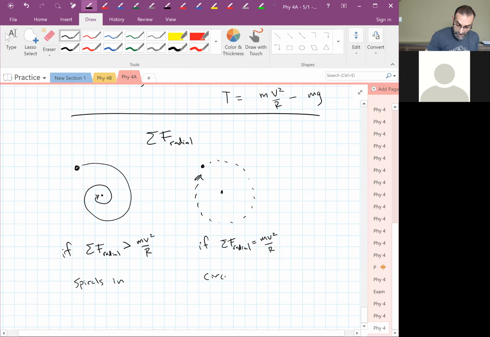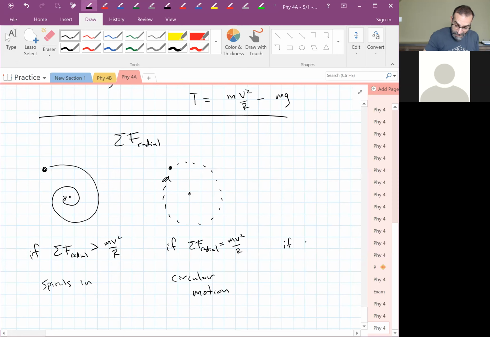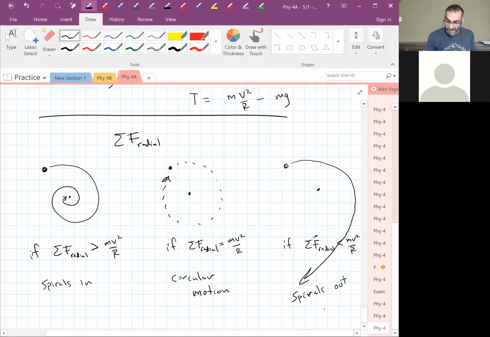Circular motion. And if the net force in the radial direction is less than our special value, then what happens? It spirals out.